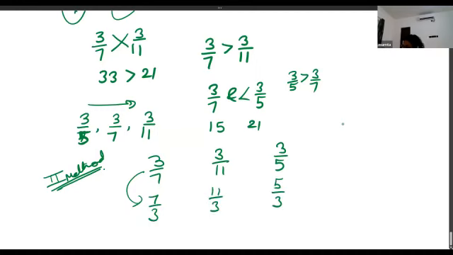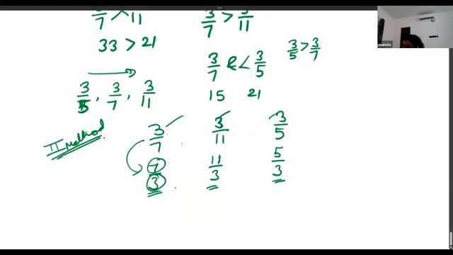So now you have converted unlike fractions into like fractions. If all the numerators are same, just exchange the numerator with denominator and denominator with numerator. You will get these fractions, and here they are like fractions.